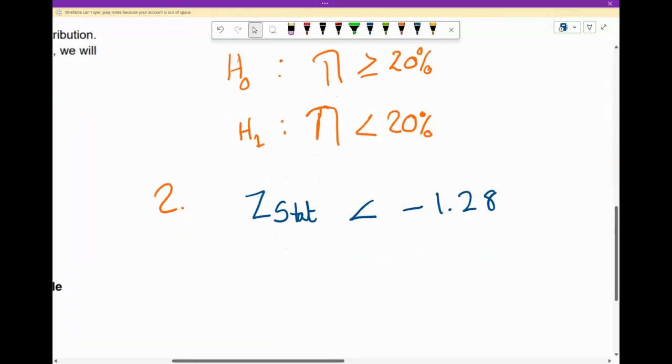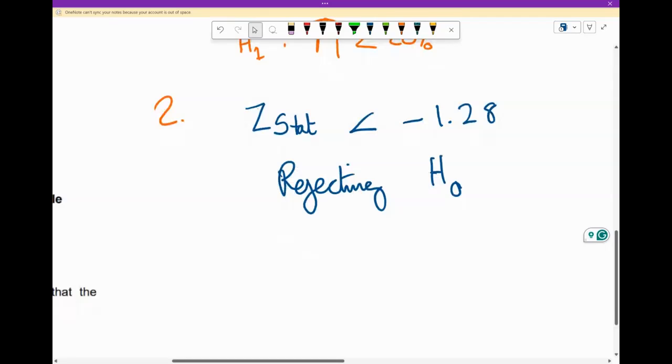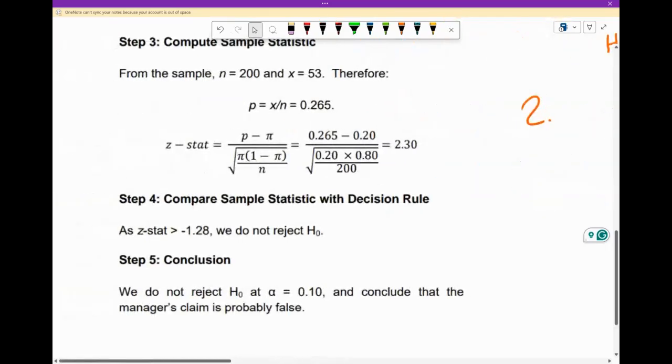Okay, so we're saying if our result is less than negative 1.28, then we are rejecting H0. Okay, so again, guys, I'm discussing the answers here.